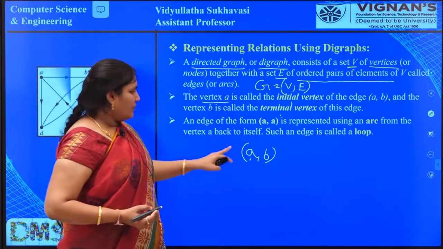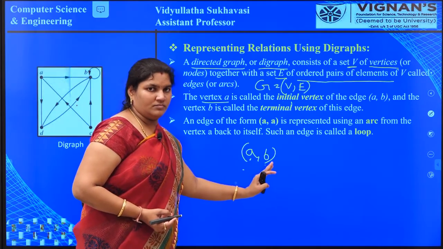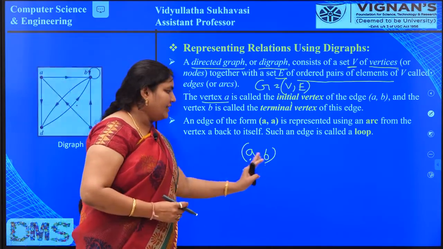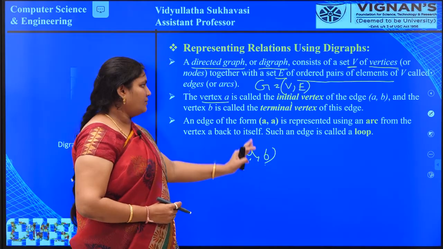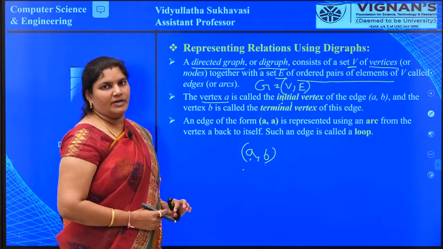That means we start from A and end with B, so we draw an edge between A and B. That's why we specify A as the initial vertex and B as the terminal vertex.